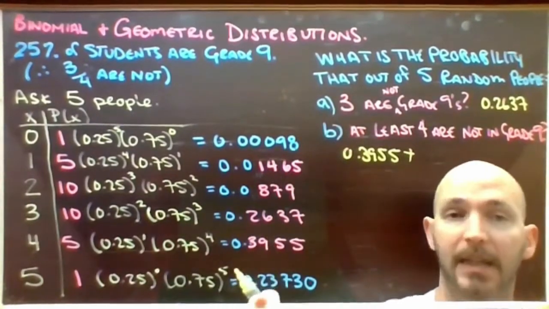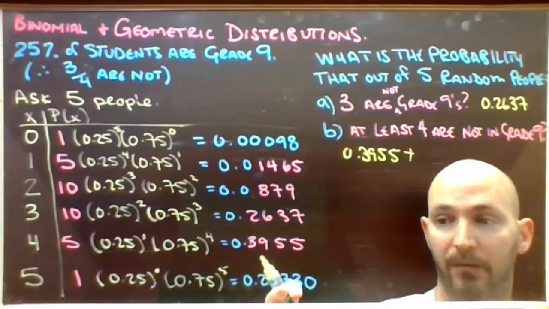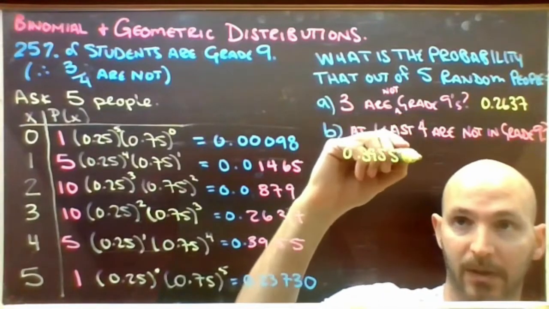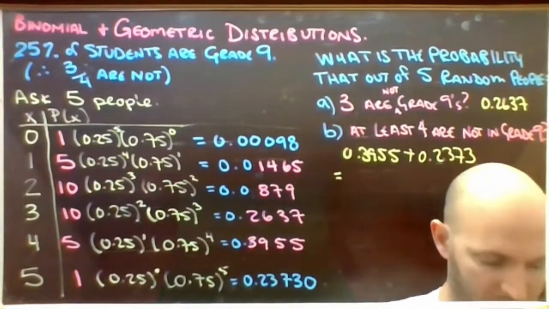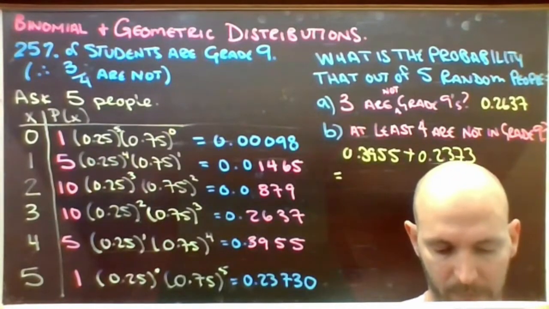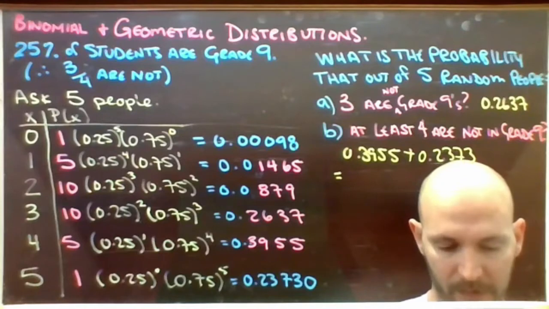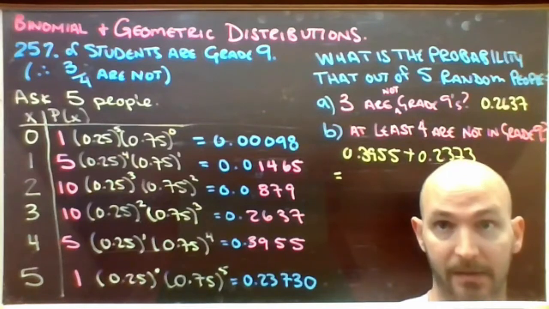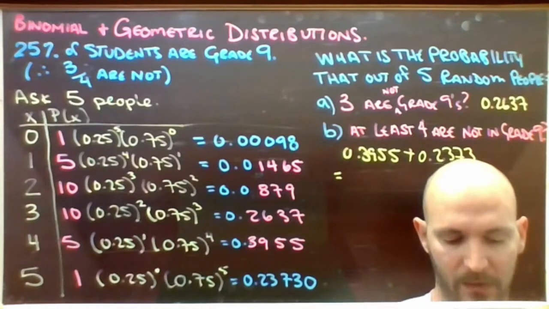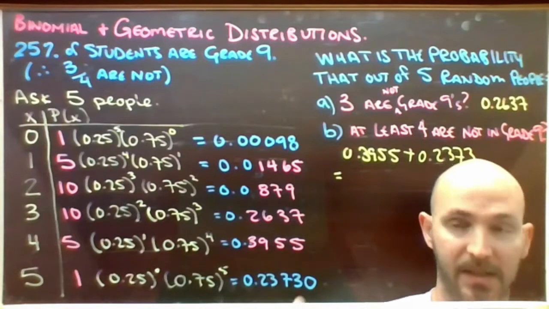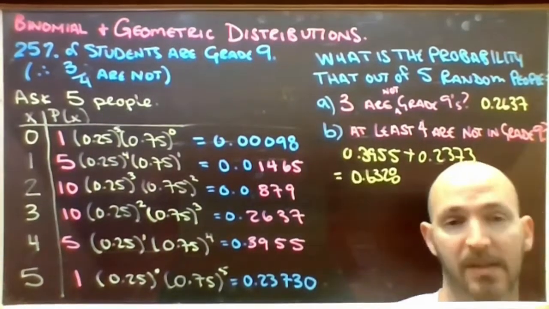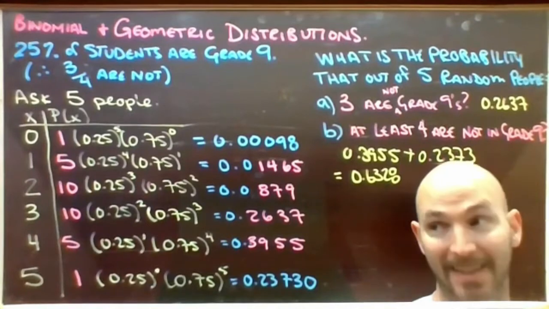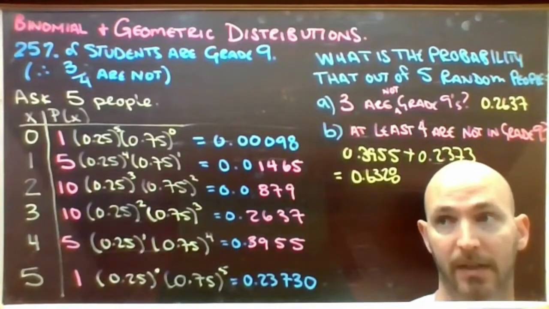And I'd have to add to that the probability of there being 5. This is 0.2373, for a total of 0.3955 plus 0.2373 is 0.6328. So there's a 63.28% chance that at least 4 of them are not in grade 9.